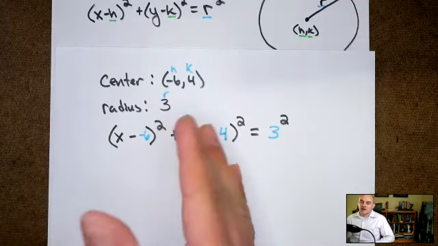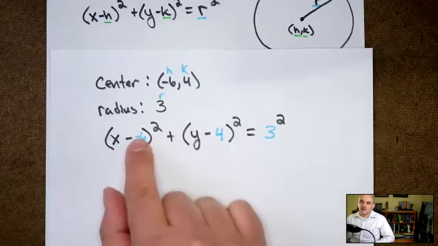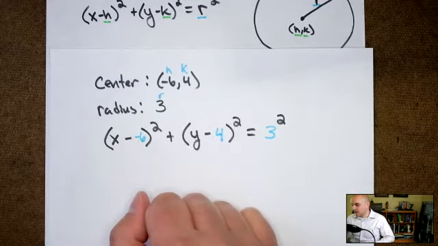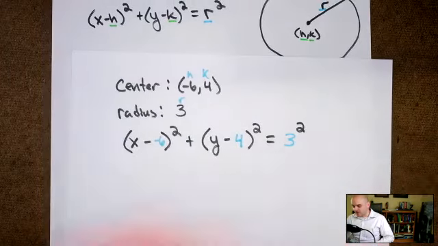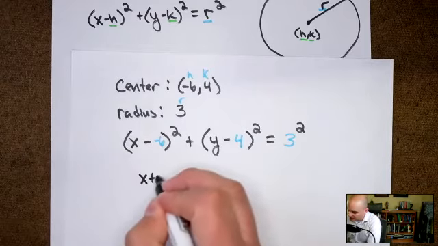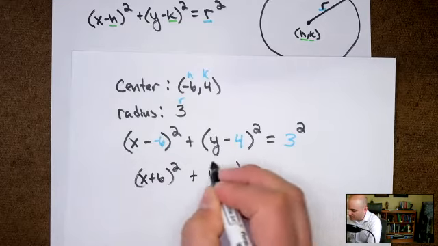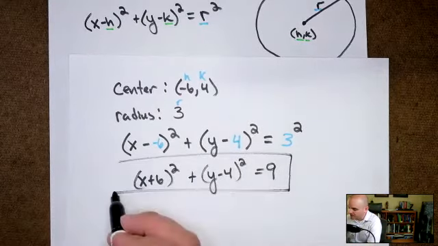And by cleaning it up, what I want you to do is square the radius. If you have a minus a negative, make it plus like that, because that's going to become +6. And then if you have -0, just make it like x squared or y squared, whatever it is. So when I clean this up, I end up with x plus 6 quantity squared plus y minus 4 squared is equal to 9. And there it is cleaned up for us.